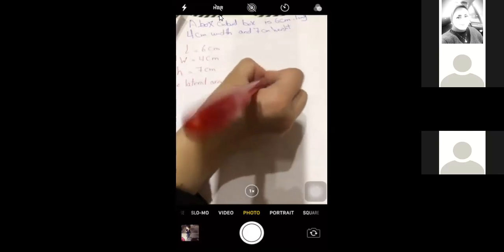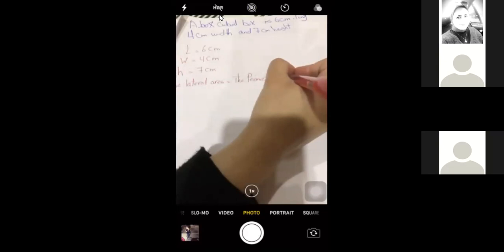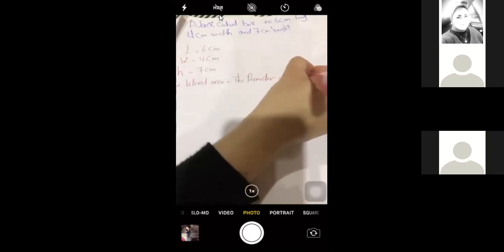So I know that the lateral area equals the perimeter of a base multiply height.